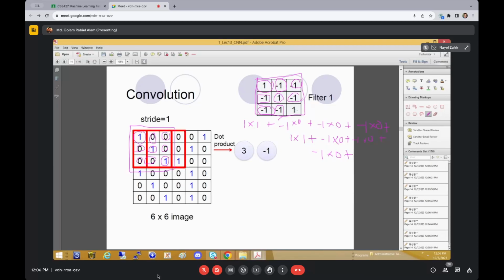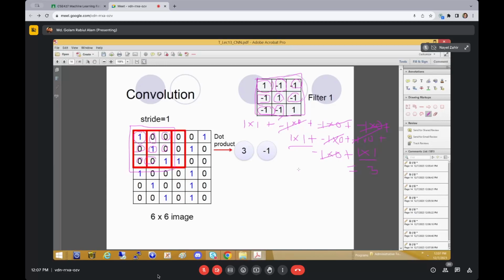The other terms are 0. So 1 times 1 is 1, plus 1 times 1 is 1, plus 1 times 1 is 1. That means in total we get 3.